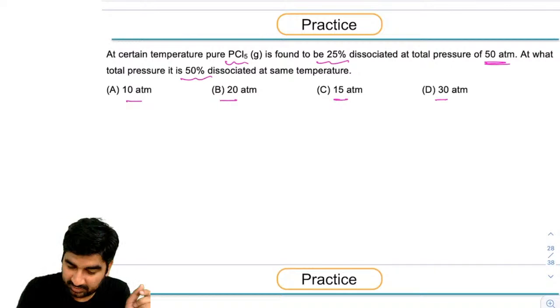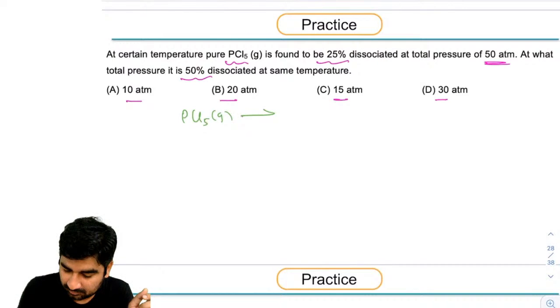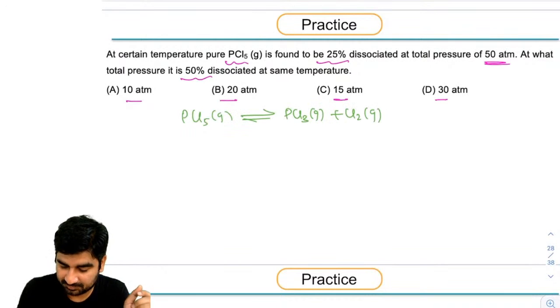So how will you do it, guys? You just have to write PCl5 gas, PCl3 gas, Cl2 gas.